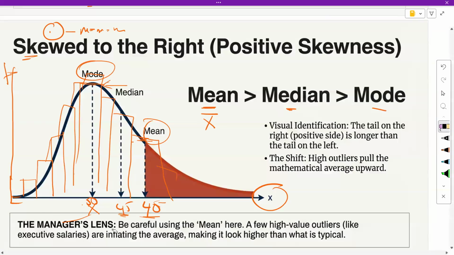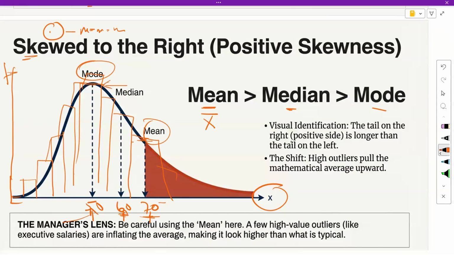It should be 50, then 60, and this is 70. So the mode value is 50, the median 60, the mean 70. You look at here, mean is higher than median, and median is higher than the mode. This is called what? Positive skewness.